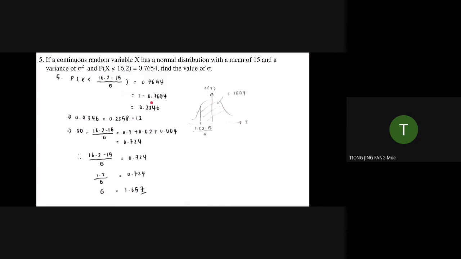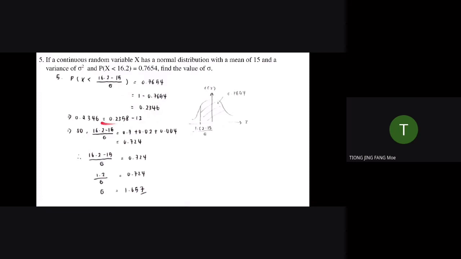And we know from the graph that 0.7654 is larger than 0.5. So we need to use 1 minus 0.7654, and the answer is 0.2346.